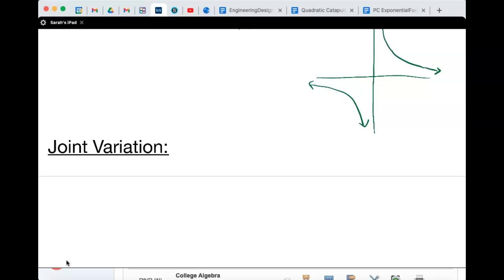Okay. And then joint variation. So joint just means we're combining two things together. So this is going to be a product of many variables with a constant.